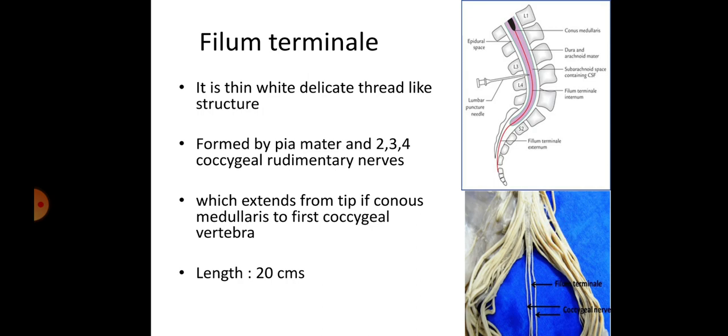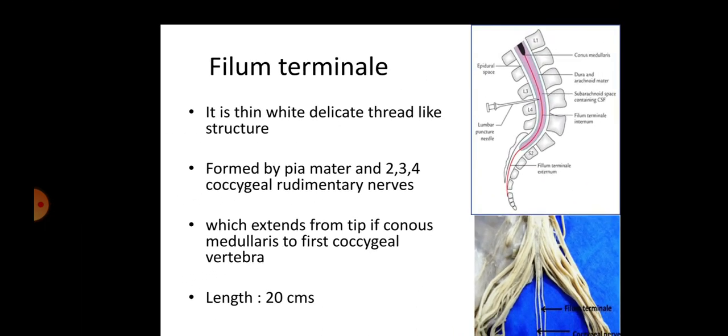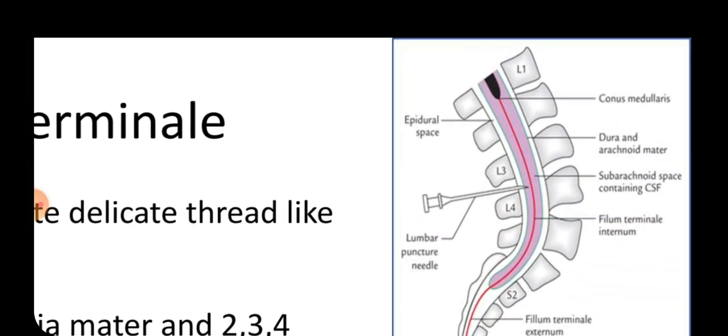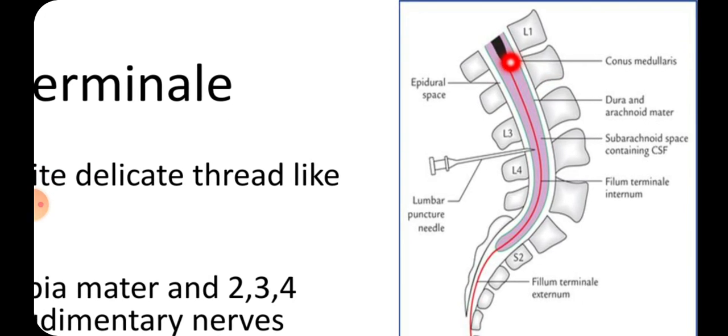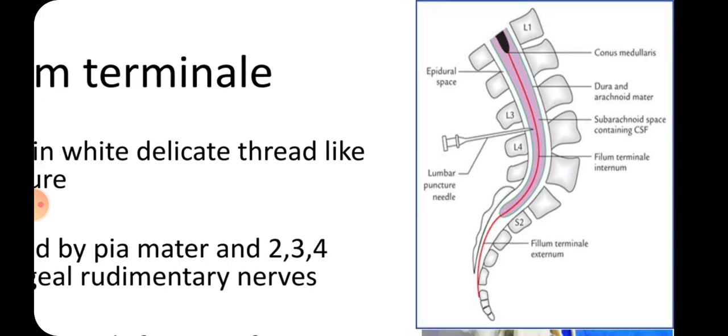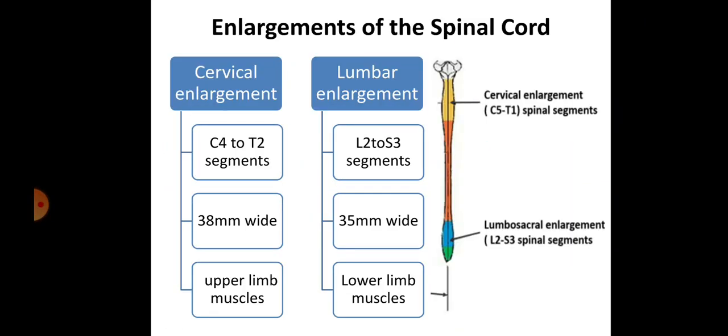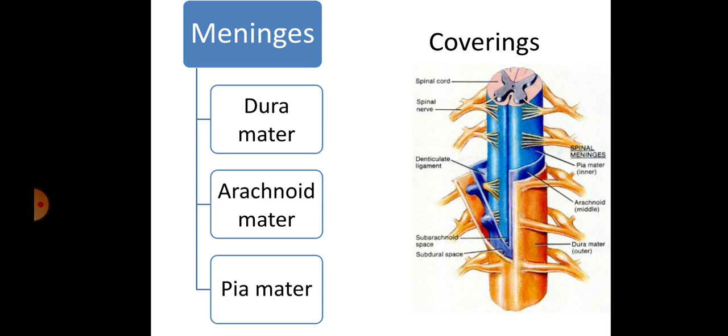See in this picture, the spinal cord is going to terminate here, but the pia mater is closely adherent to the spinal cord. In this picture I am going to clarify. This is the dura mater, this is the arachnoid mater, this is the pia mater. Pia mater is closely attached throughout the length of the spinal cord.